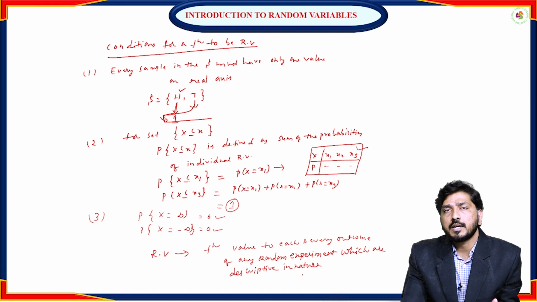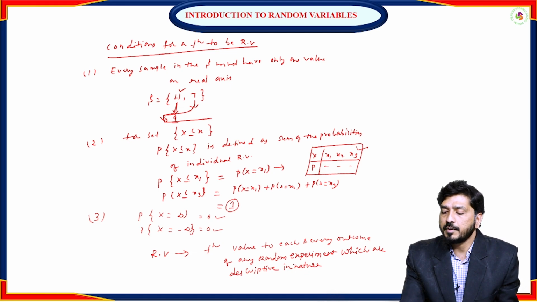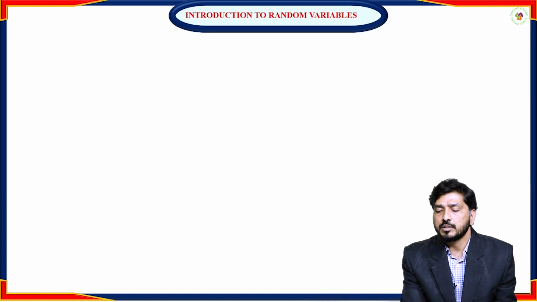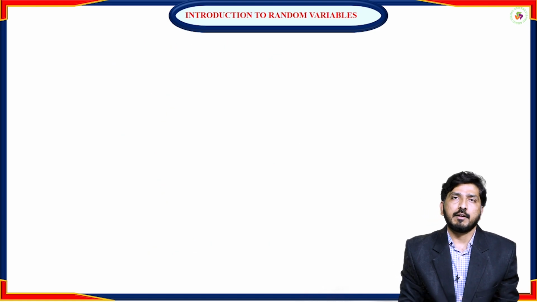So we are converting that descriptive into numerical on a real axis. So this is the definition of the random variable.